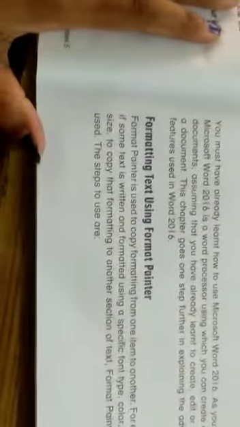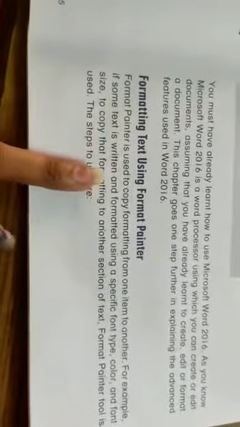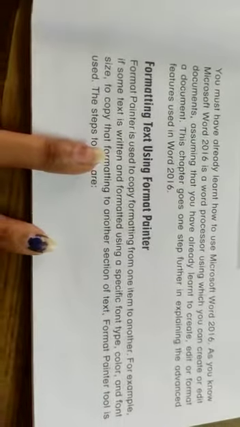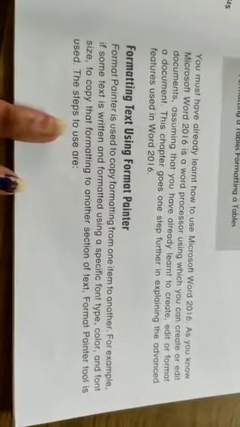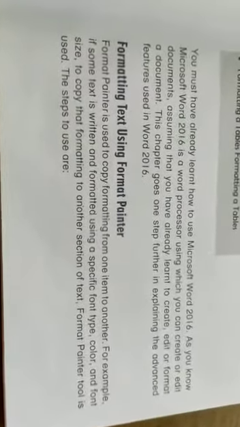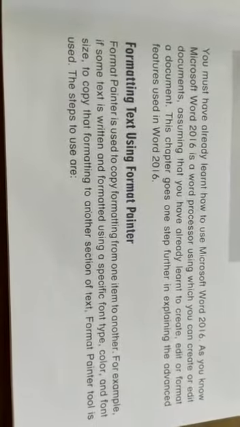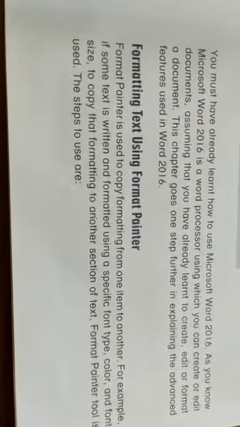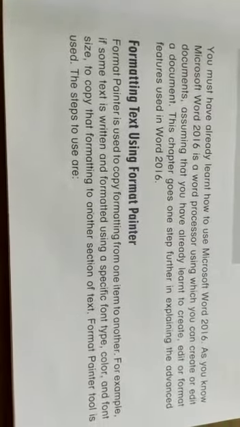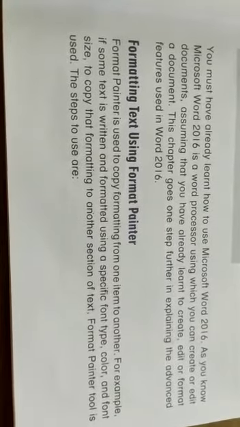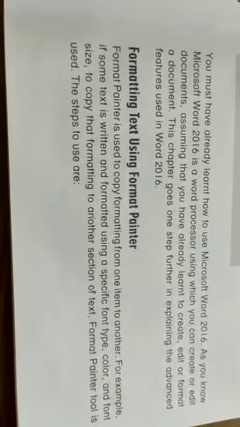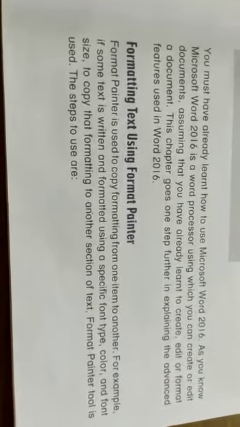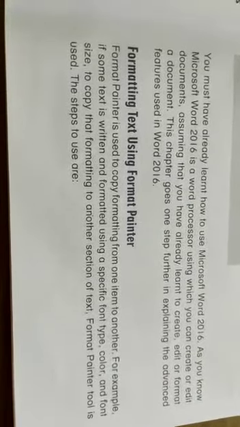Already we have started with formatting text using Format Painter. We have already done it. I will just give you a gist about this. Format Painter is used to copy formatting from one item to another. For example, if some text is written and formatted using a specific font type, color or size, to copy that formatting to another section of text, the Format Painter tool is used.